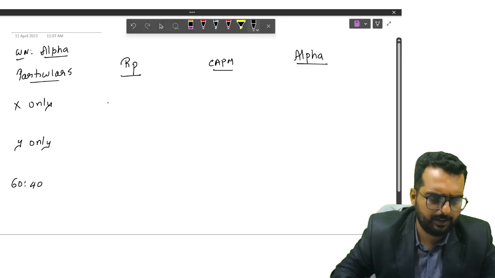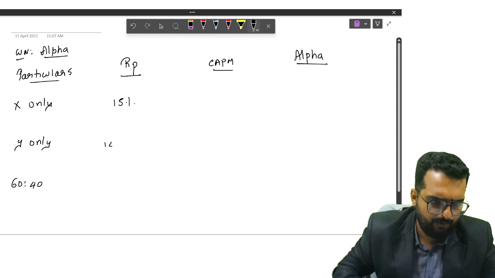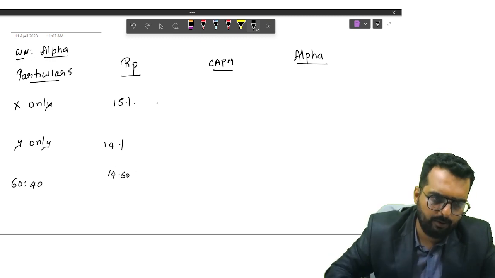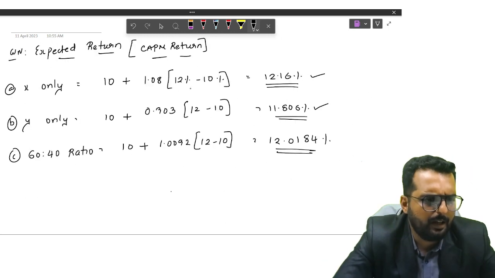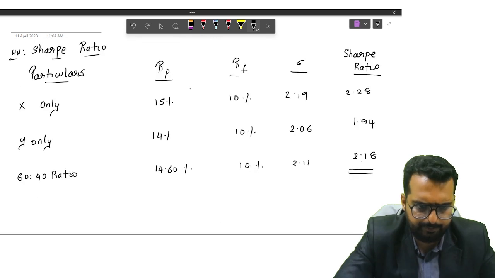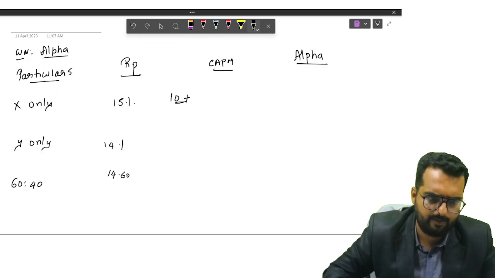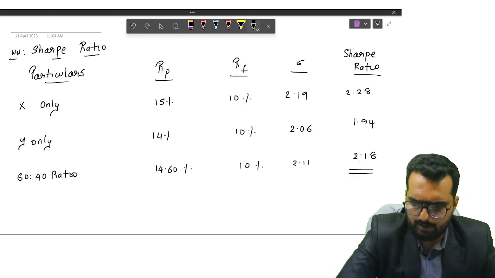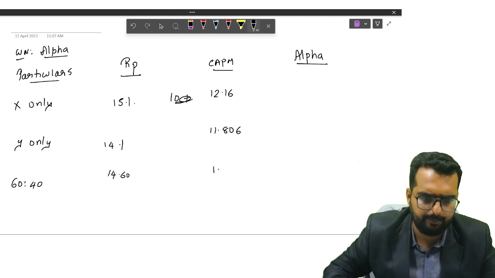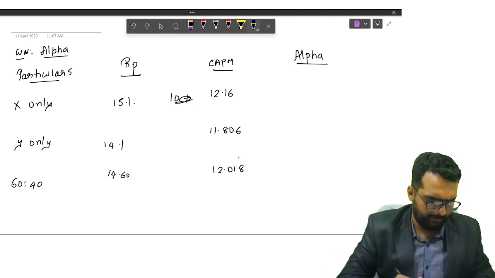The return of X is how much? 15, 14, 14.6. CAPM would be Rf plus, I think we already found out the CAPM earlier, right? Here we got 12.16, 11.806. What about the last one? 12.018, is it? Okay.